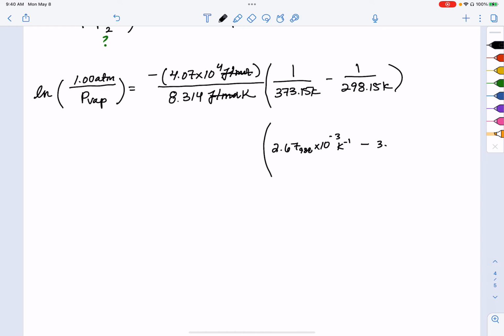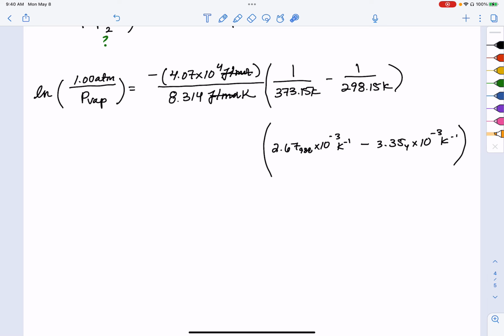I get 3.354 times 10 to the negative 3 inverse Kelvin. Okay, so we've at least gotten what those fractions are.